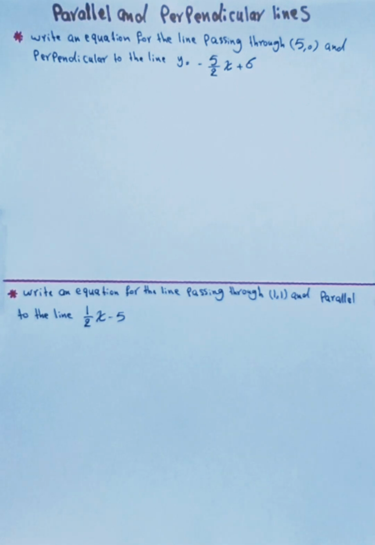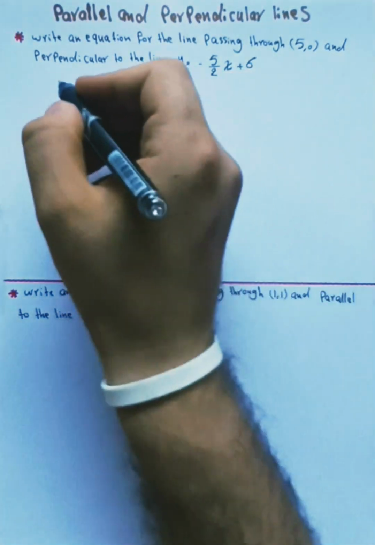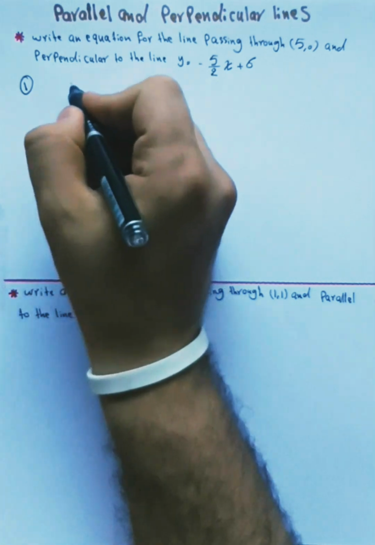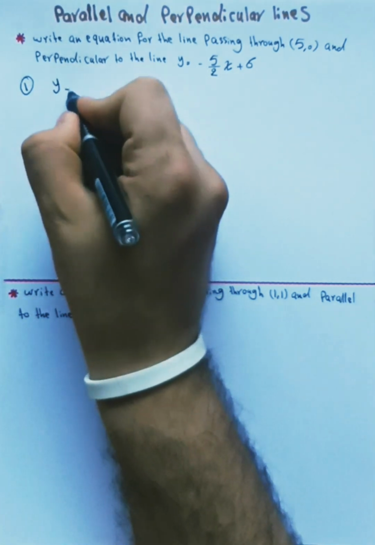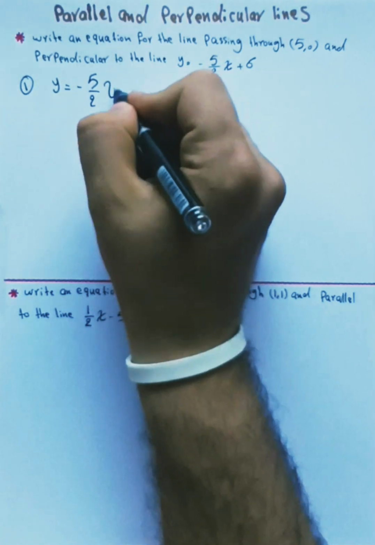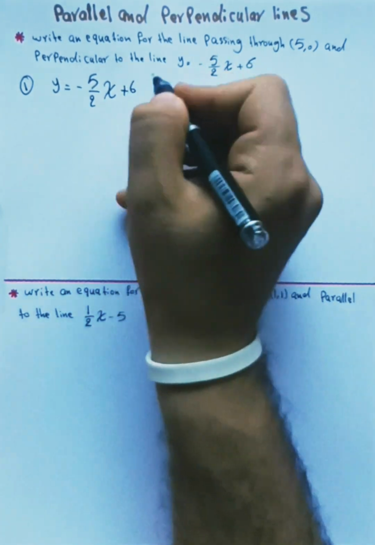After that, we have this example. Write an equation for the line passing through (5, 0) and perpendicular to the line y equal to negative 5 out of 2x plus 6. First, we have to find the slope for the line. First step, our equation is y equal to negative 5 out of 2x plus 6.